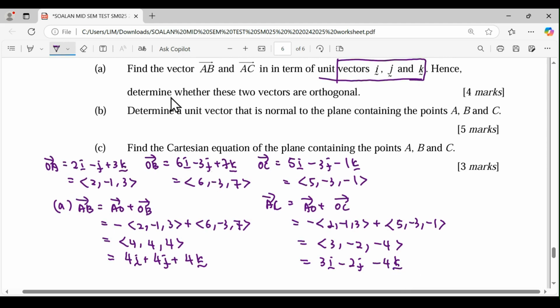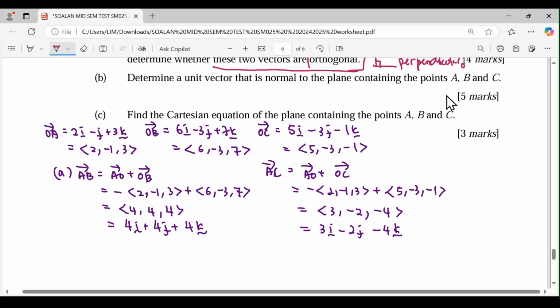And hence determine whether these vectors are orthogonal. Orthogonal means 90 degrees, means is it perpendicular? So to test if it is perpendicular, we need to use the dot product. So this part, we need to find out what is your AB dot with AC. So your AB is 4, 4, 4 dot with 3, -2, -4. So the result will give you 12 minus 8 minus 16.